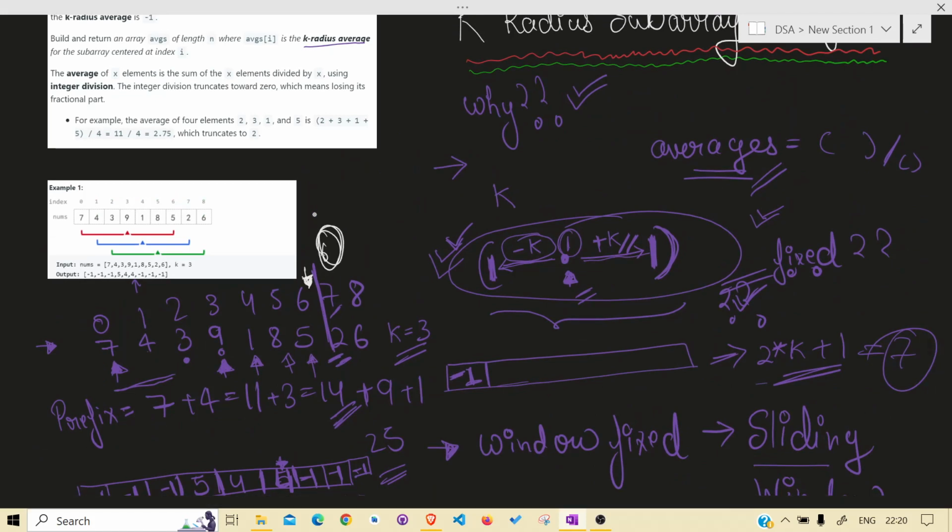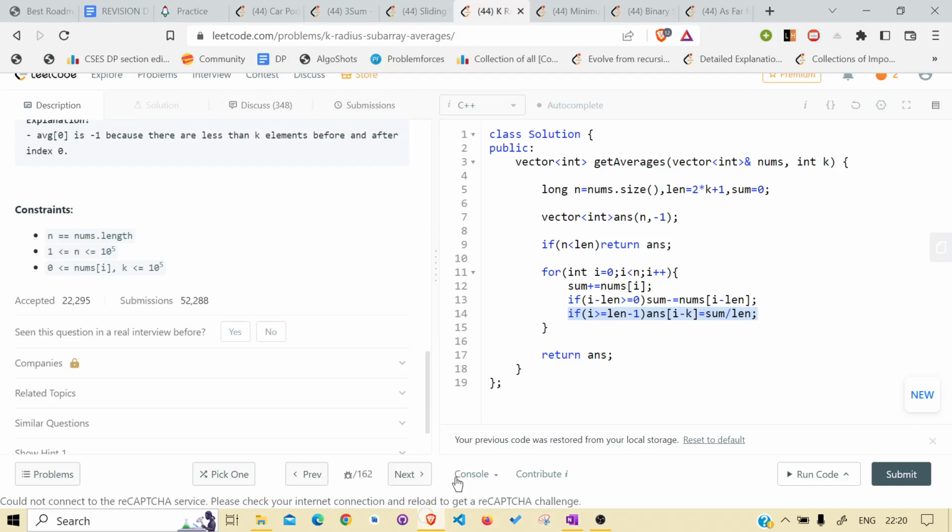So that's why at index 6 I wrote that over here. When index is that, i minus k, already discussed. What is i minus k? Stored sum by length. Length is always 2k plus 1, and return our answer vector.